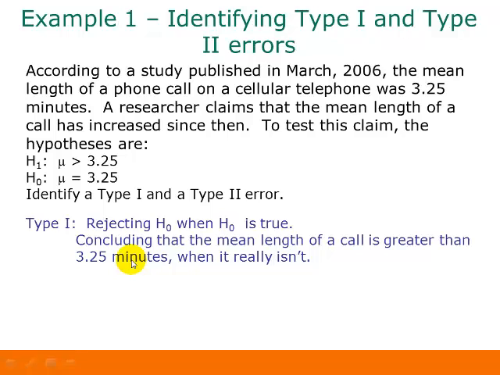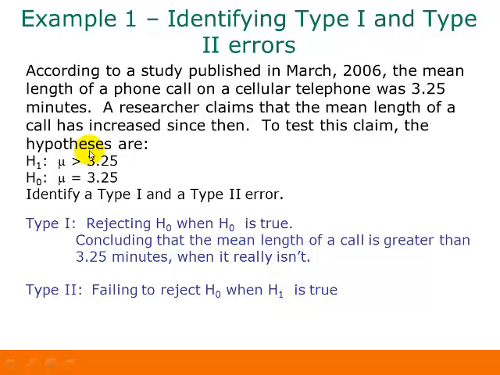Because again, if we're rejecting the null hypothesis here, that means basically that we're accepting the alternative hypothesis as the truth. A type 2 error means failing to reject the null hypothesis when the alternative hypothesis is actually true.